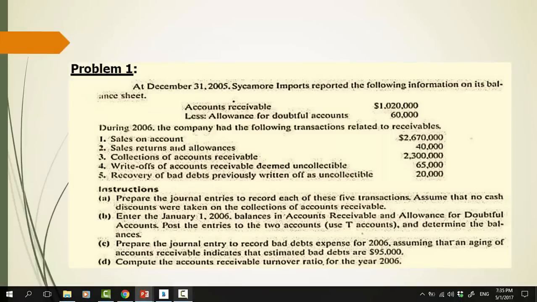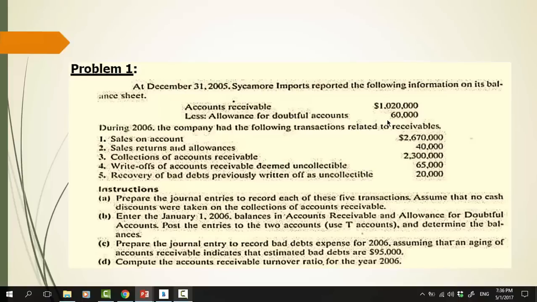At December 31st, 2005, a company reported the following information on its balance sheet. At December 31st means that it is the year end, so the accounts receivable is at the year end, or at the beginning of the next year. We will see it right now. Accounts receivable and ADA. He didn't mention the ADA debit or credit.